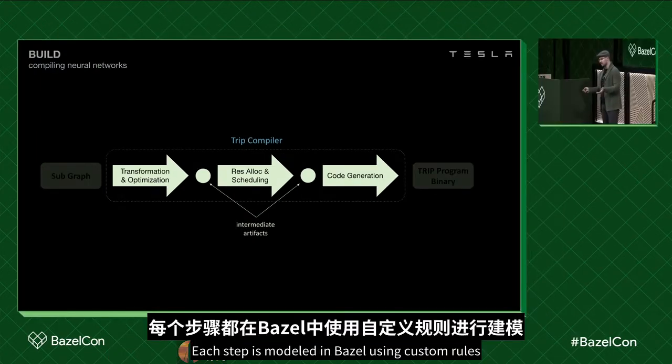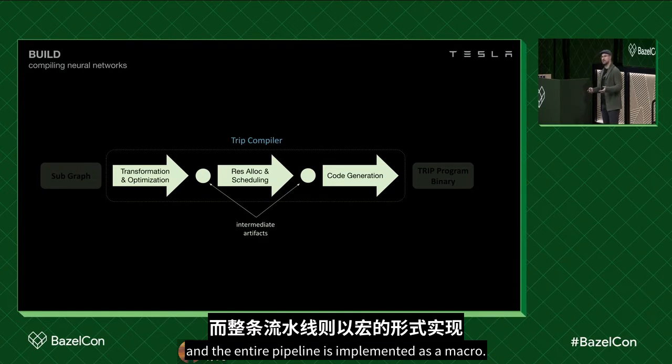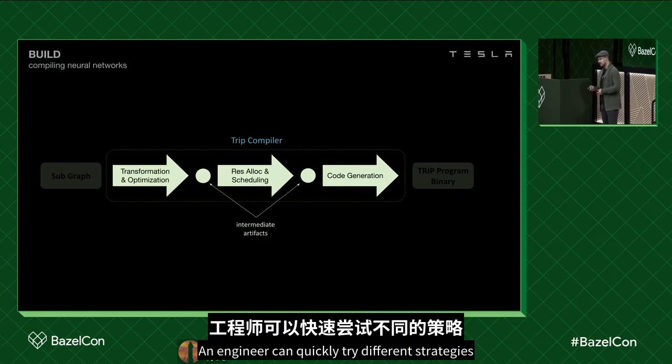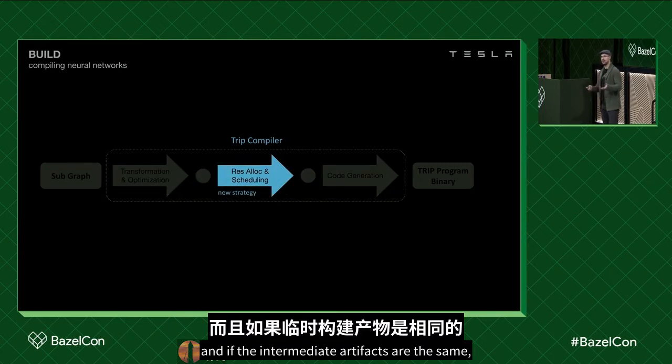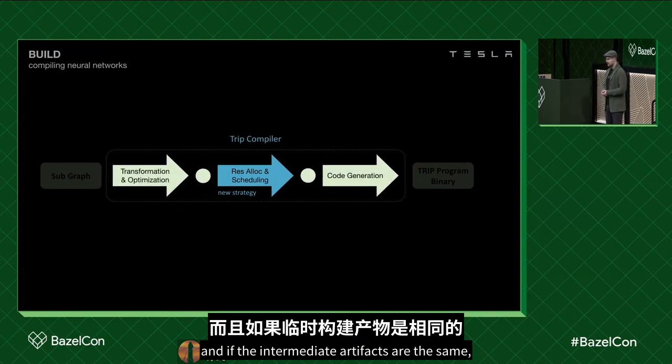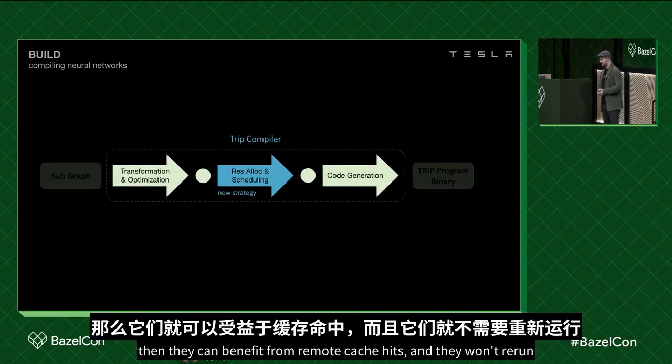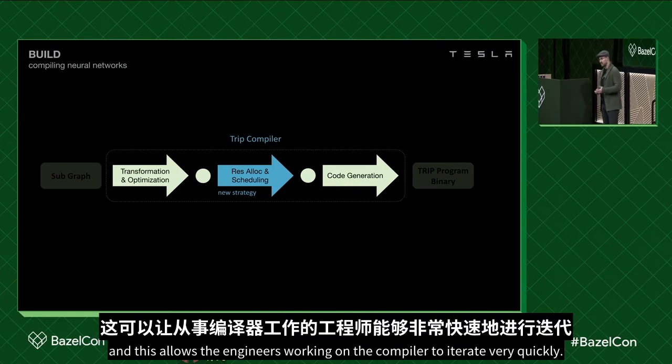Each step is modeled in Bazel using custom rules, and the entire pipeline is implemented as a macro. An engineer can quickly try different strategies, and if the intermediate artifacts are the same, then they can benefit from remote cache hits, and they won't rerun. And this allows the engineers working on the compiler to iterate very quickly.